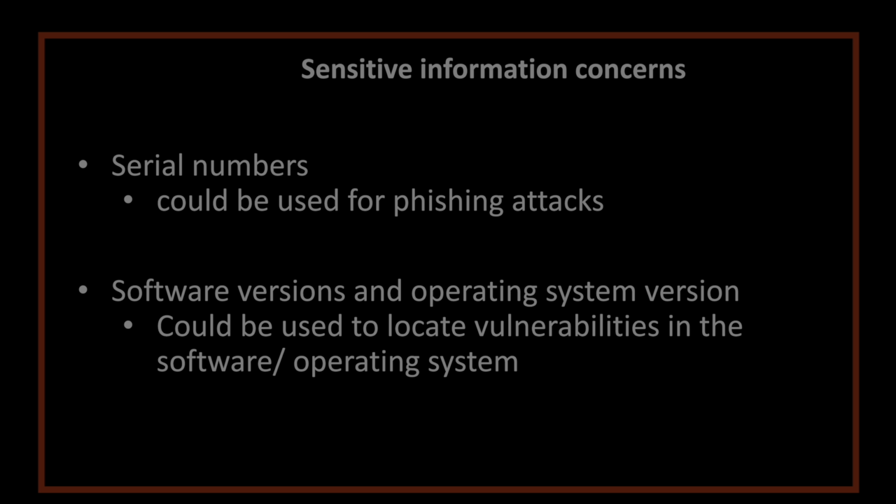Another issue would be software versions and operating system versions. As anyone who has taken security classes knows, some operating systems are vulnerable and some programs are vulnerable. Usually those issues are patched in later versions. However, if you are running an older version, you don't want someone to be able to look up the version number and then try to discover vulnerabilities in that version.